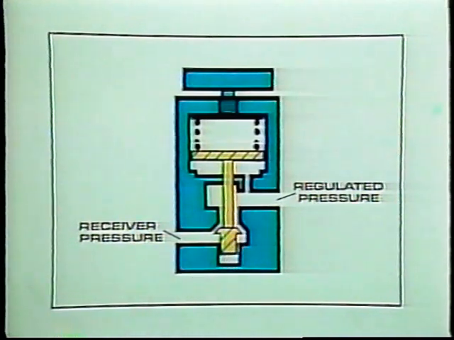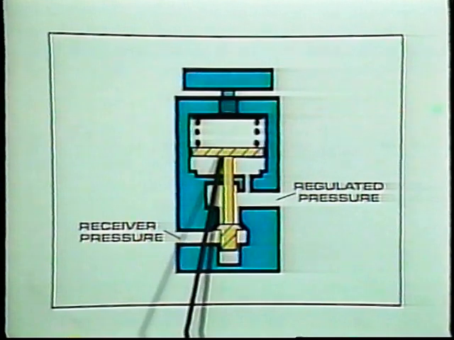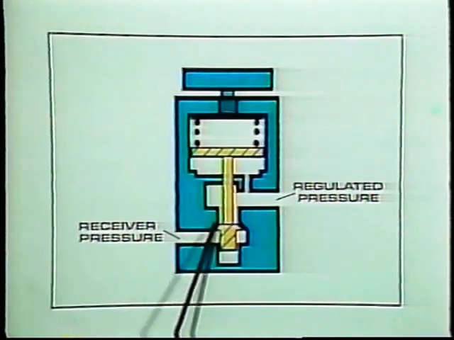When the preset downstream pressure is reached, the piston will be high enough to allow the poppet to seat fully, shutting off the flow completely. By adjusting the tension on the spring, we can control the downstream pressure at which the valve will close. In this way, a relatively constant pressure will be applied to any actuators connected to the valve outlet.